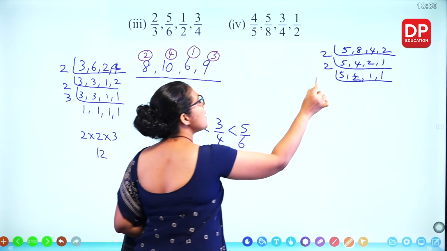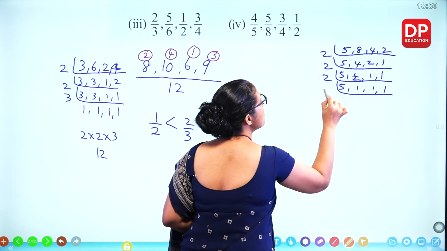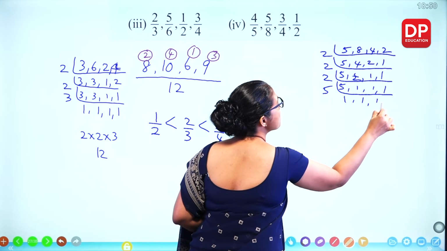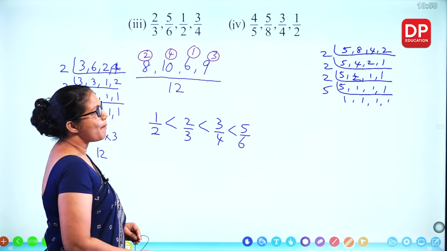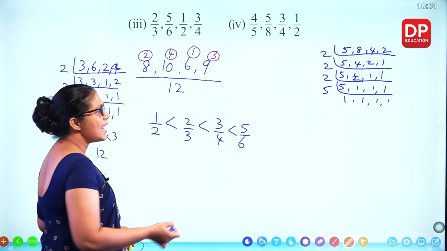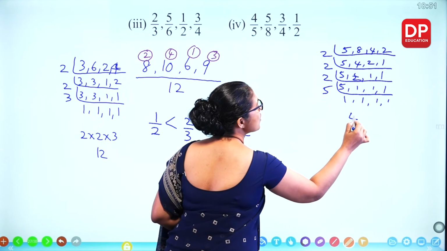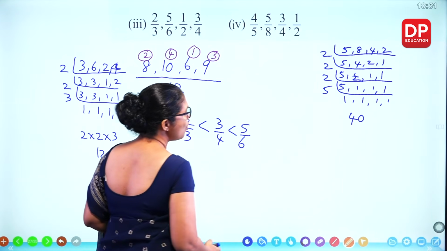You can divide by 2 again. You get 1. You can divide by 5 again, till you get 1. So what's the lowest common multiple? 2 times 2, 4. 4 times 2, 8. 8 times 5, 40.